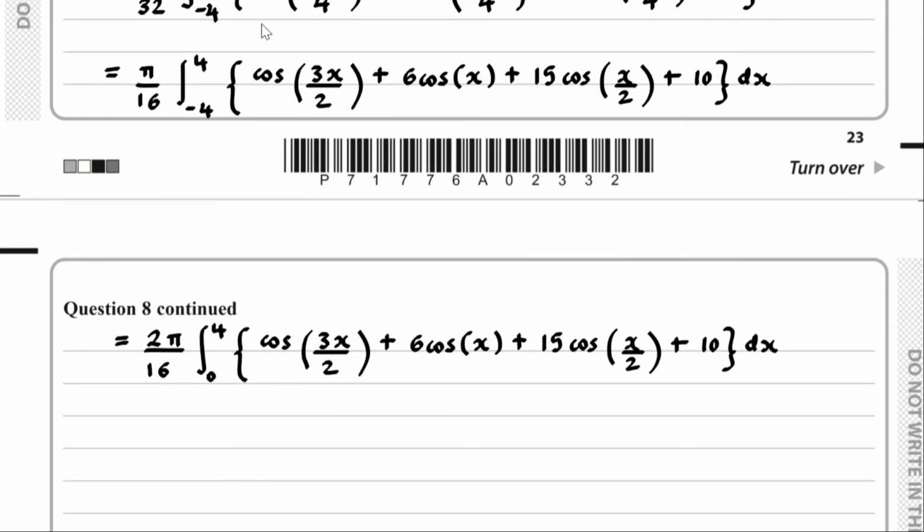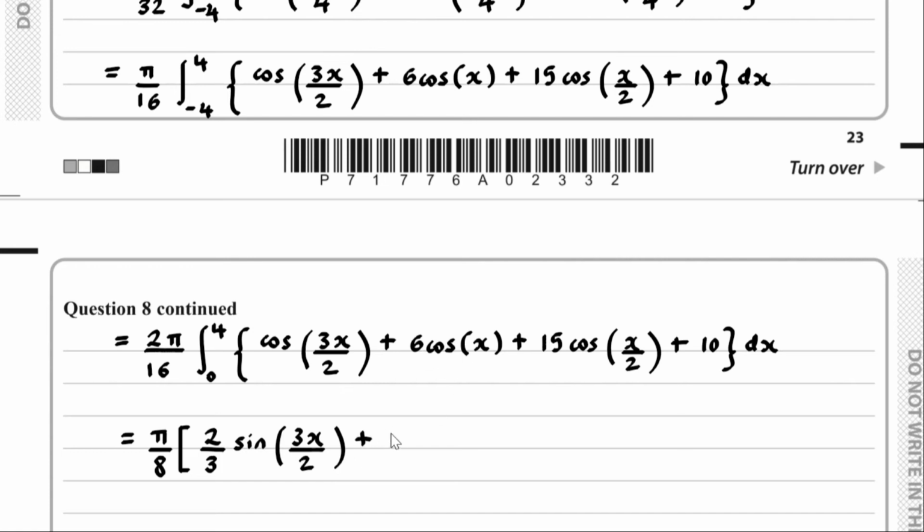And so what we have then is pi over 8, and then here what we have to do is integrate cos of 3x over 2, so that's 2 over 3 times the sine of 3x over 2.